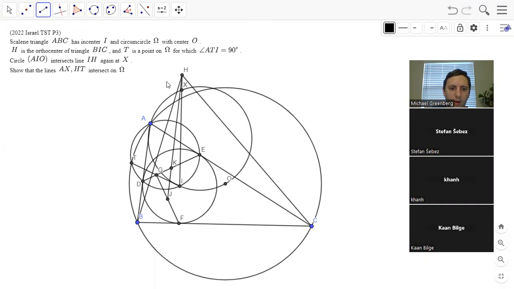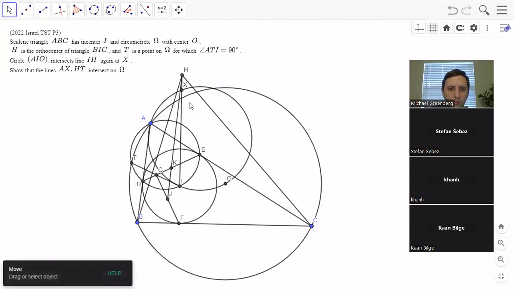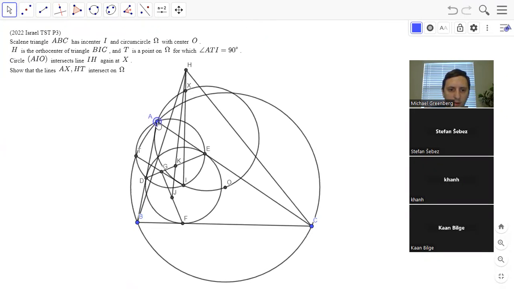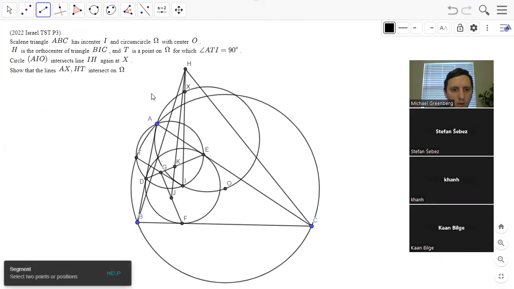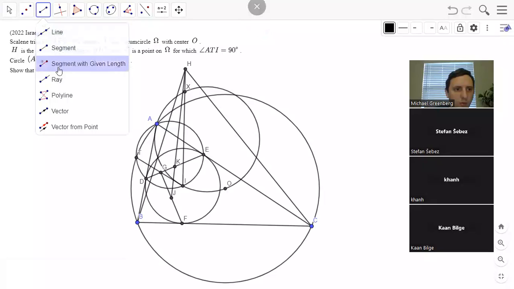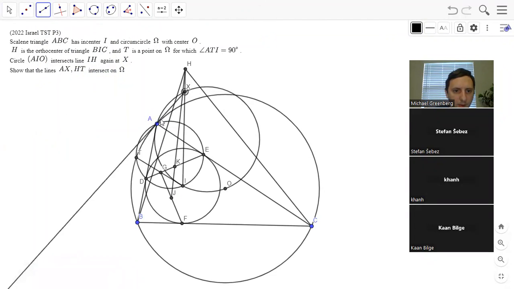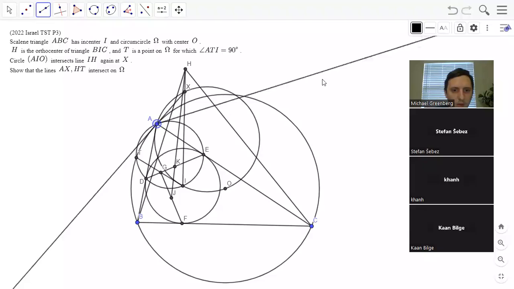I thought there was some other property though of H. Maybe not. So if you reflect H, okay. Also, but I don't think that this lemma is useful in this problem. Okay.